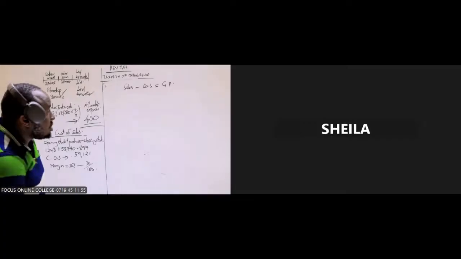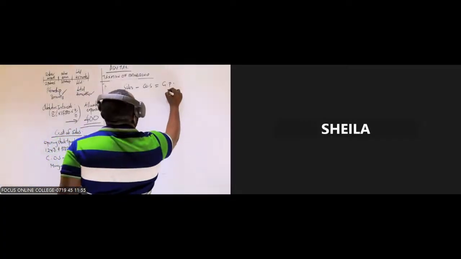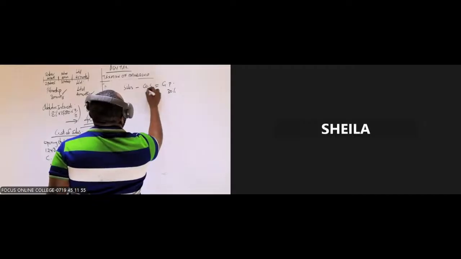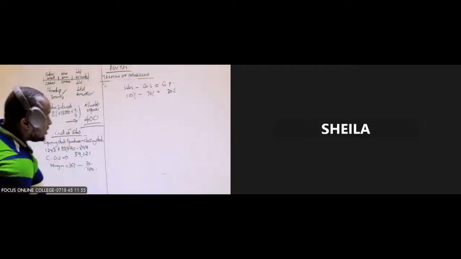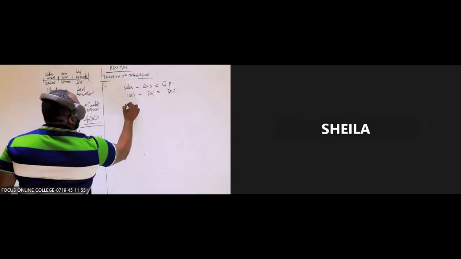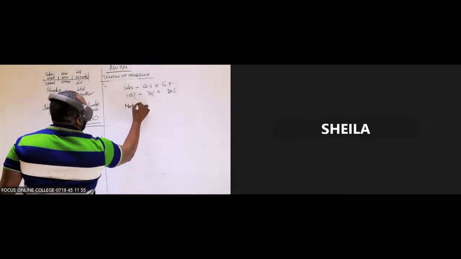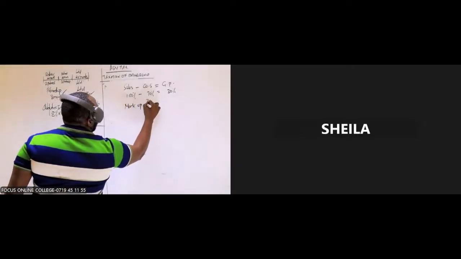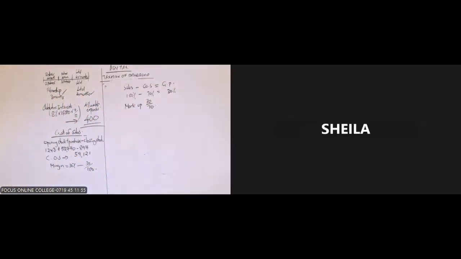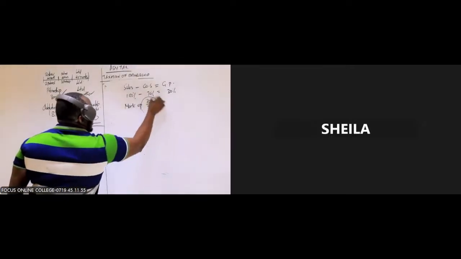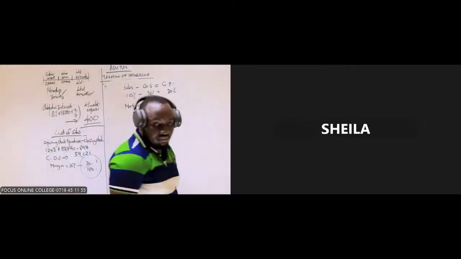This is 30%, so the cost of goods sold should be 70%, and the sales is 100%. So I can get a markup. The markup would be 30 over 70. That is the markup. This is the margin. The markup is that. Together, team.